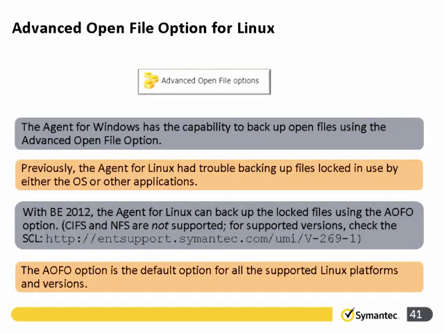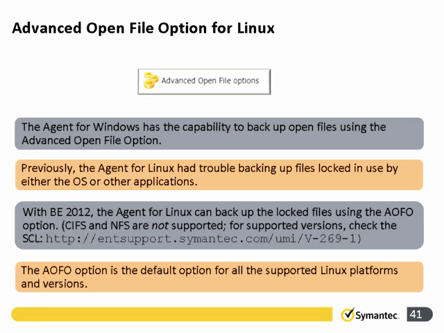The advanced open file option is the SimSnap option that was installed during the agent installation that allows the Linux agent to create a cache of open files so that as the backup is running, we don't back up the open file, we back up the cache that the SimSnap option created.